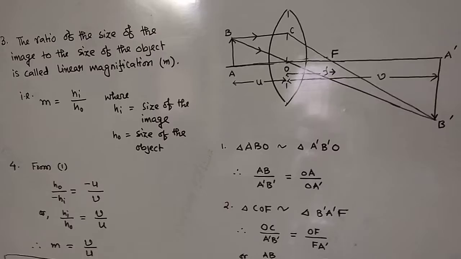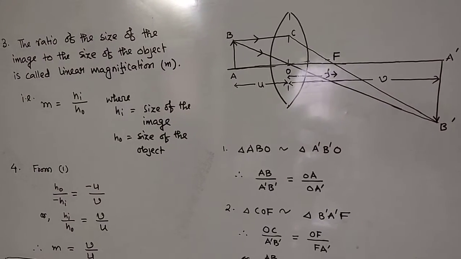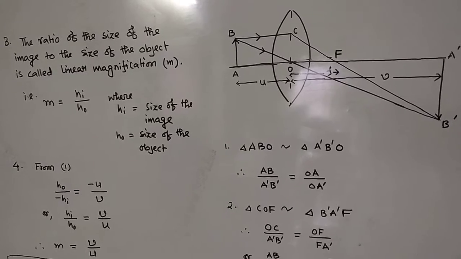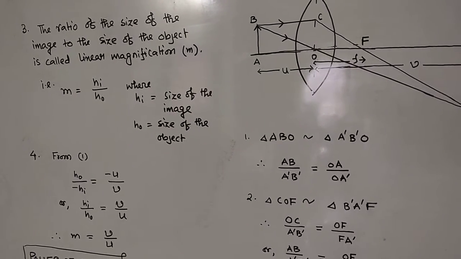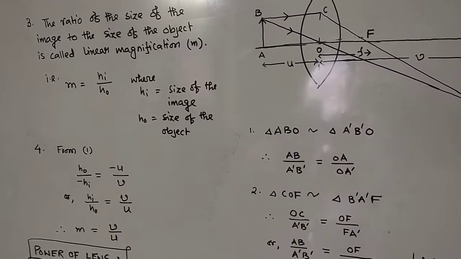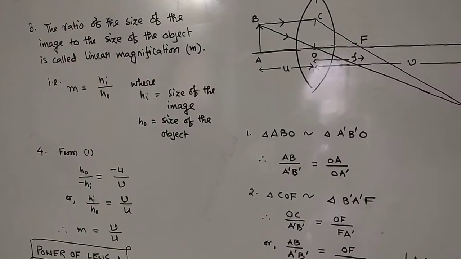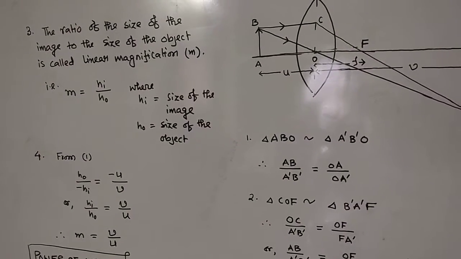OA is minus u, and OA' is v. If you simplify, hi by ho equals v by u. So hi by ho is m, so m equals v by u. This is the linear magnification for the real image formed by the convex lens.